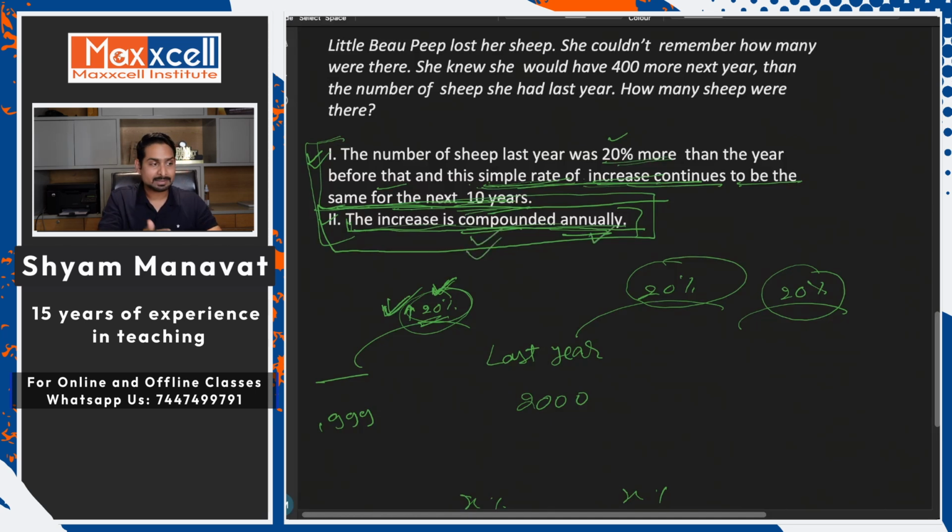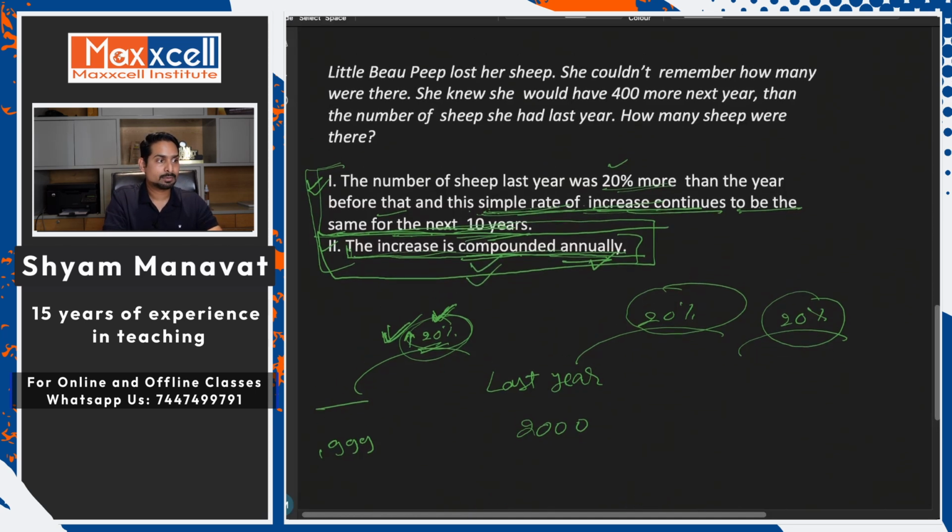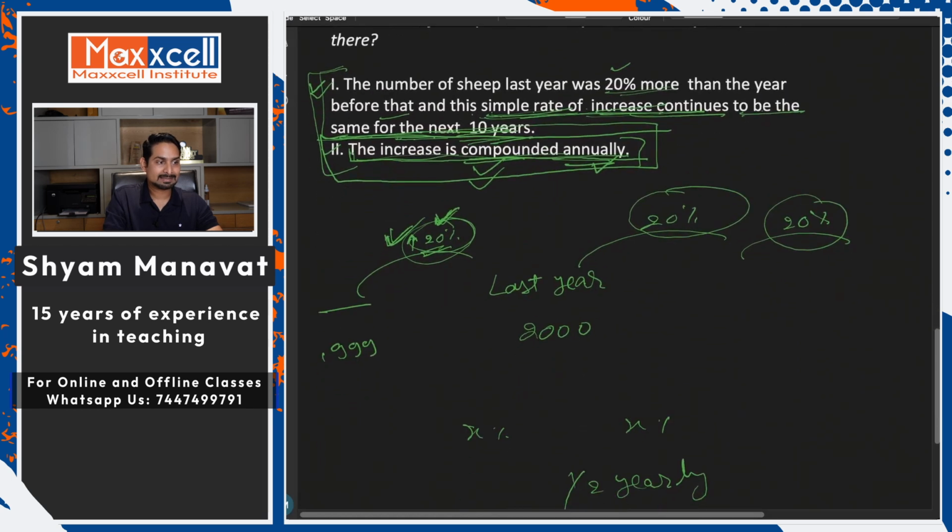We have the rate of interest, we know there is a difference of 400 sheep between last year and next year. I can do the calculation, see the value here and here, and the difference should be 400, and we can make one equation which can get you the value of present.